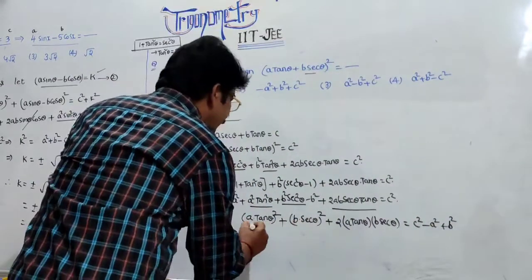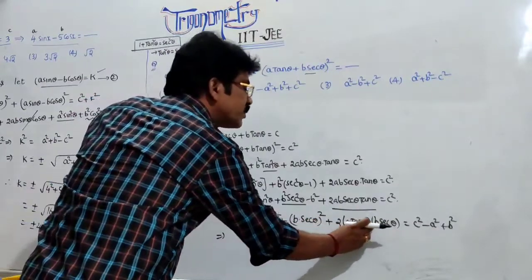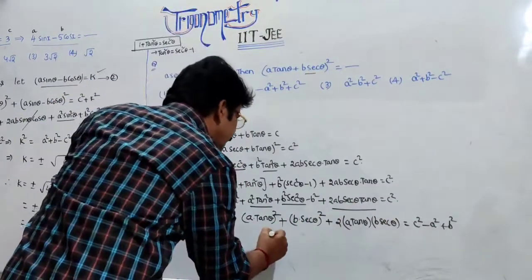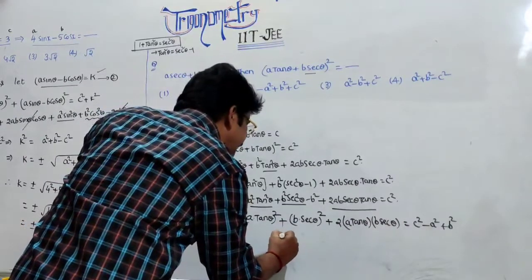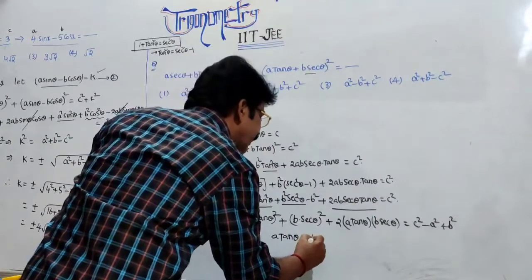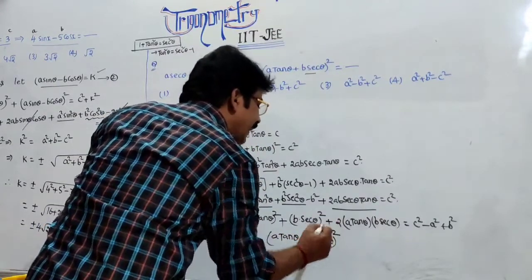So this is true. Next, it is in the form of x square plus y square plus 2xy. It is nothing but (x plus y) whole square. So therefore, x means a tan theta plus y means b secant theta, whole square.